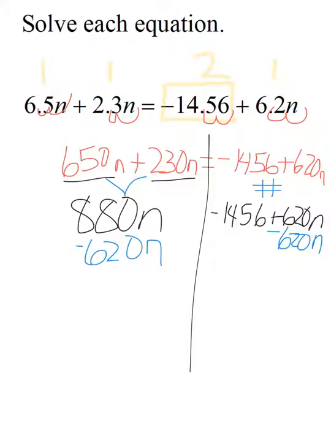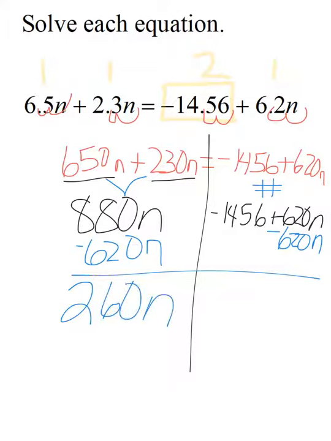Okay, now I'm ready to combine everything. 880 and negative 620 gives me a total of 260 n's. The negative 1456, I didn't have anything to combine with it. And then those canceled out.